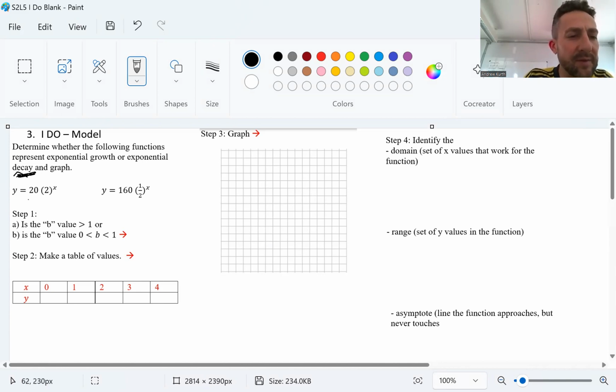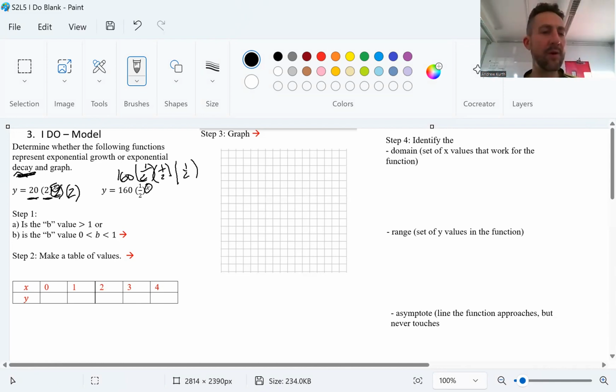One of them starts with 20 and then multiplies by 2 and keeps multiplying by 2 x times. The other function asks us to start with 160 and then multiply by 1/2 and keep multiplying by 1/2 x times. So we're going to explore that a little bit more, exponential growth and exponential decrease.